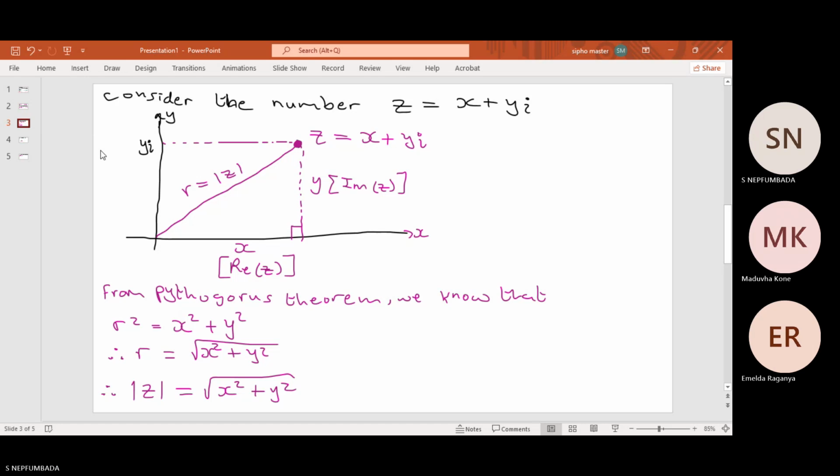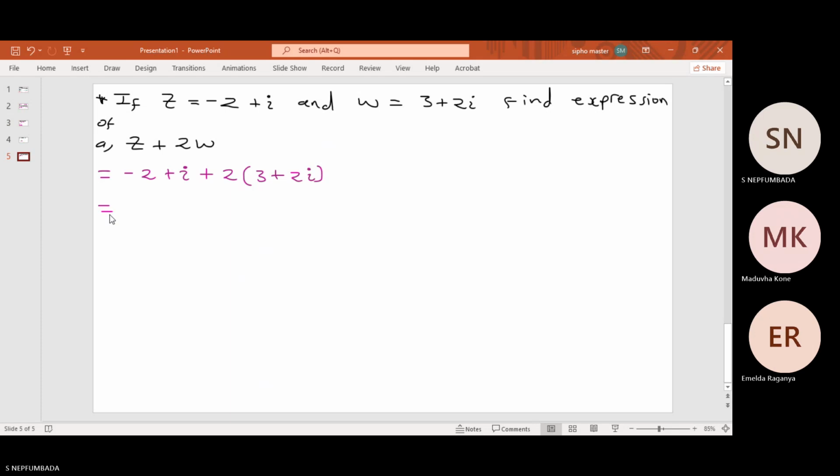So now, we are going to remove the brackets. This is plus i, then plus 6 plus 6i. And remember, the real parts add each other, and the imaginary parts also add each other. Are we fine? Then we're going to say minus 2 plus 6. Then we get nothing but what?